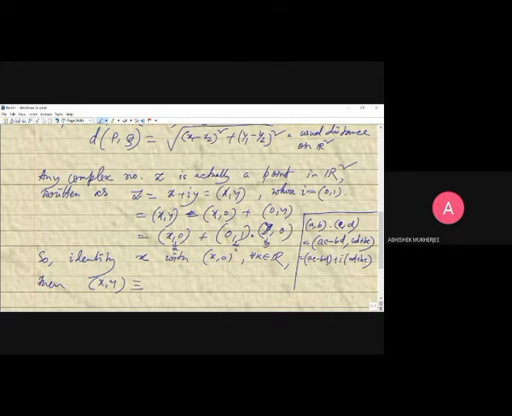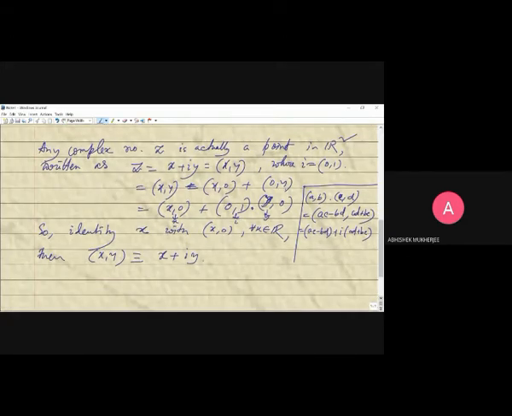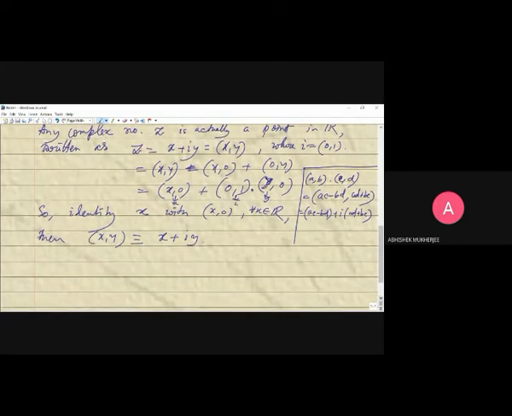So this can be identified with x plus iy, right? In this identification, you can say that every complex number is actually a point in R2, in a plane.